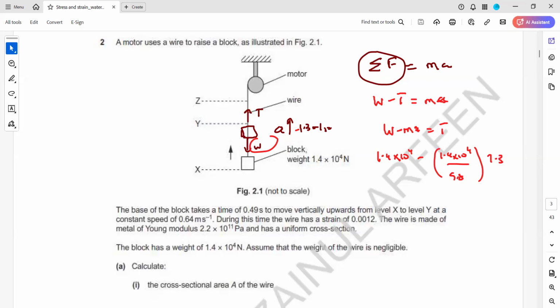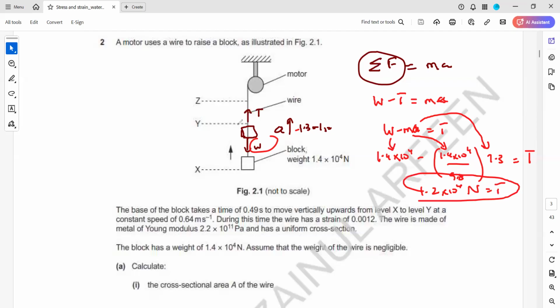The deceleration is 1.3. So this will give us the value for T. So this is the mass, this is the deceleration, and this one is the weight. 1.2 exponent 4. So the tension will be 1.2 times 10 to the power 4 newtons. That's the tension in the string.